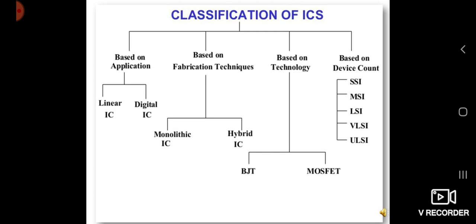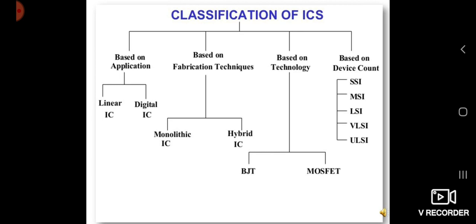As I already told you in a slide before, ICs can be widely classified into two types. However, in this slide you can see classification of ICs depending on different parameters. For example, based on application, that is, where do we want to apply these ICs? Depending on application type, ICs can be classified into two types.